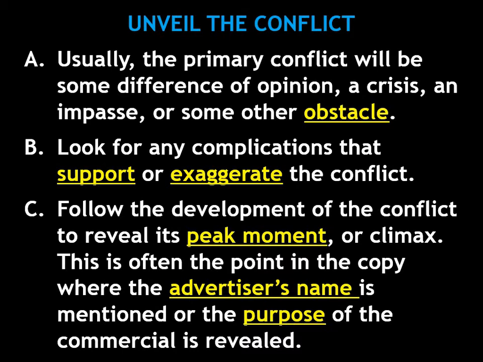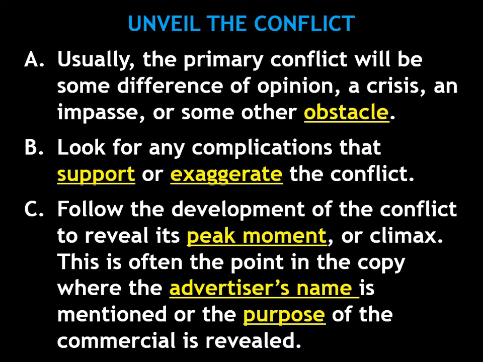Unveil the conflict. Usually the prime conflict will be some difference of opinion, or a crisis, or an impasse, or some other sort of obstacle. Every good story has some sort of crisis or conflict that needs to be resolved in one way or another.